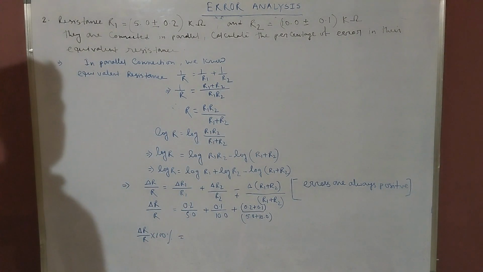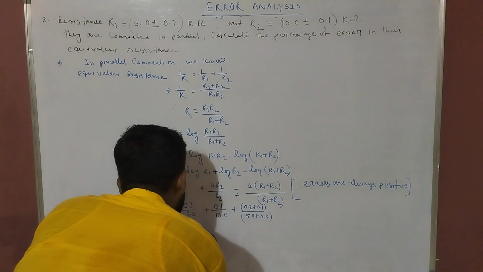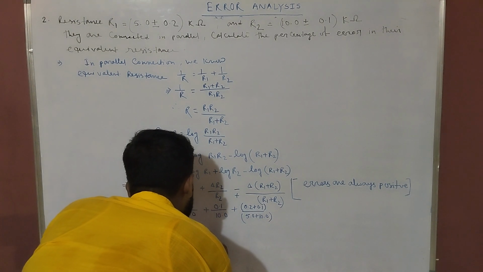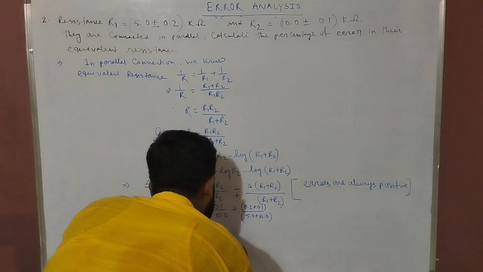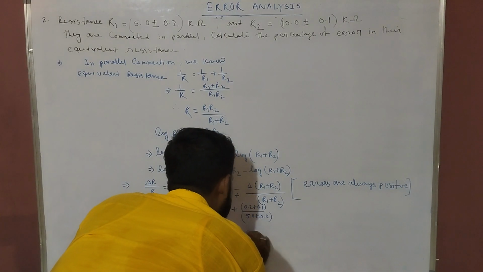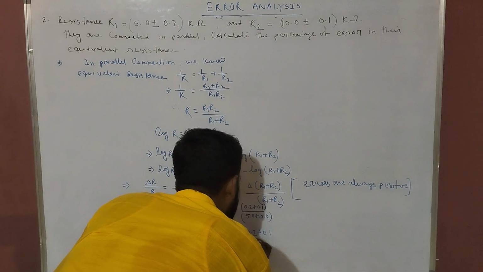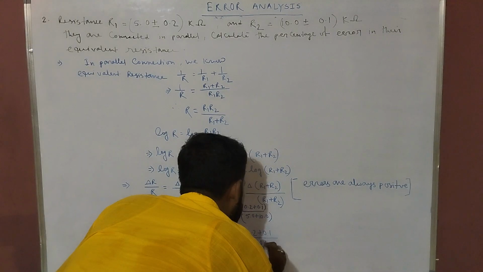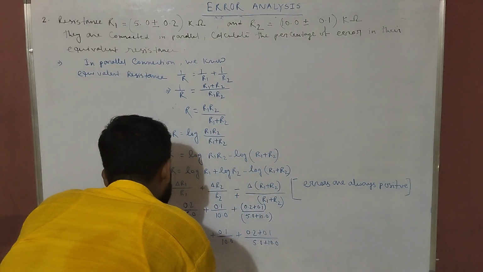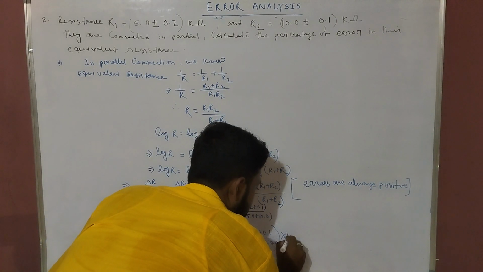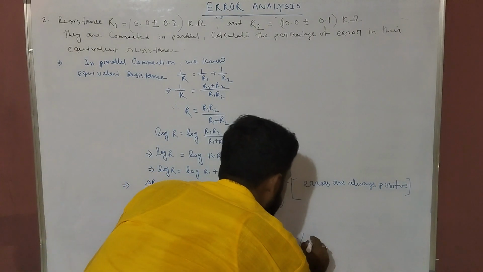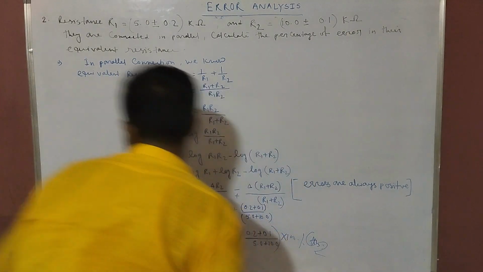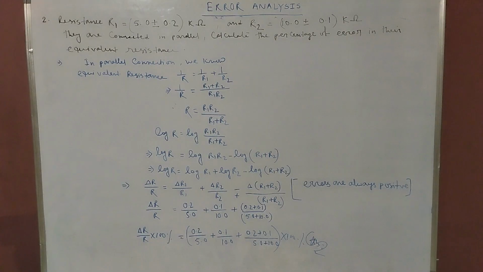Then we will get the percentage of error: 0.2 by 5.0 plus 0.1 by 10.0 plus 0.2 plus 0.1 divided by 5.0 plus 10.0, into 100%. This is the answer. Understood or not? This is the percentage of error.